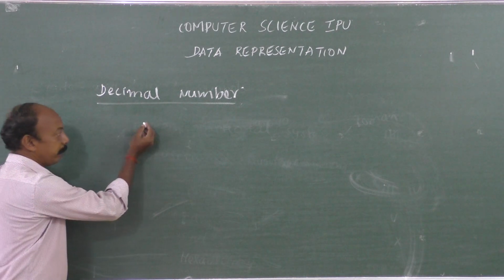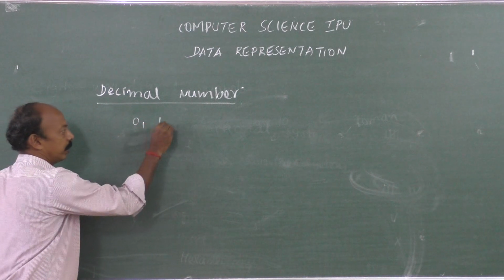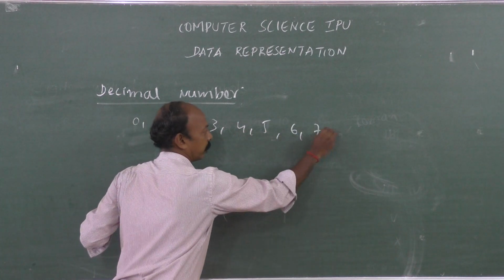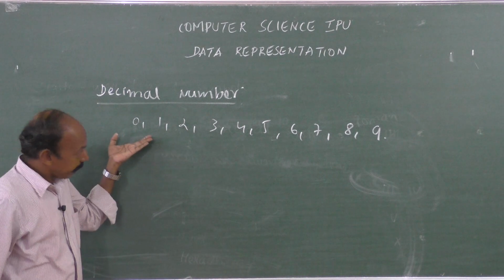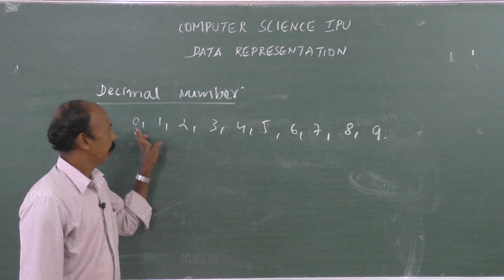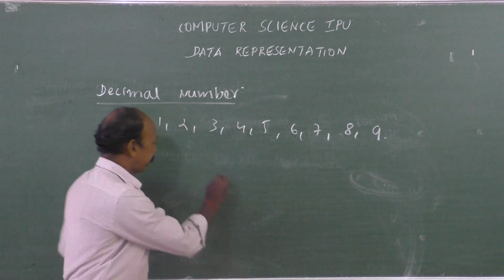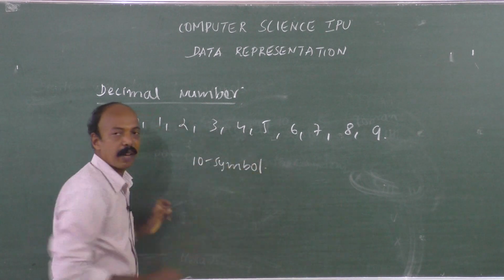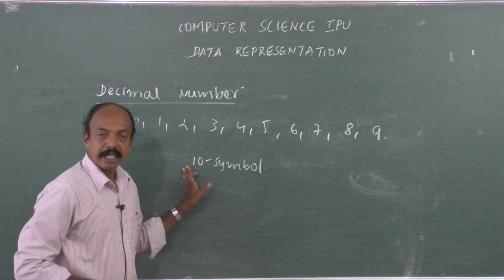Here the symbols or digits that we use are, of course we know, 0, 1, 2, 3, 4, 5, 6, 7, 8, 9. So we have 10 symbols, and every symbol has its own meaning.